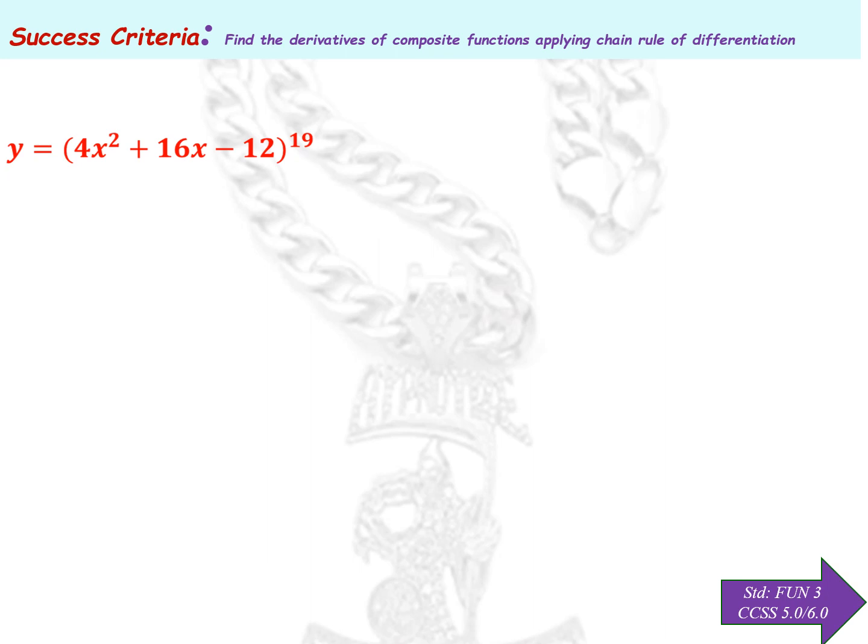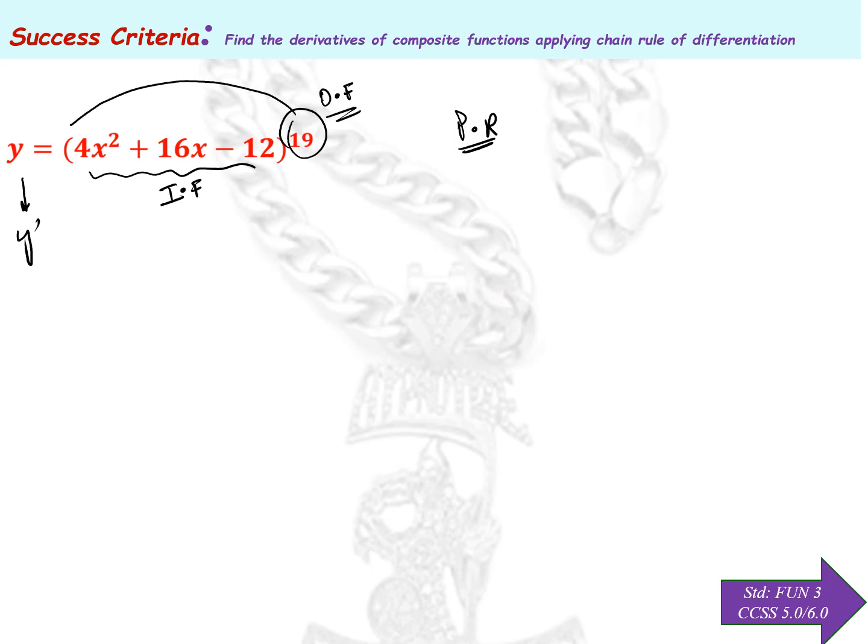Let's have a look at another question. So write the y prime. The inner function is the function which is written inside the bracket. The power will be your outer function. So you have to apply the power rule of differentiation, which states that bring the power in the shoulder.